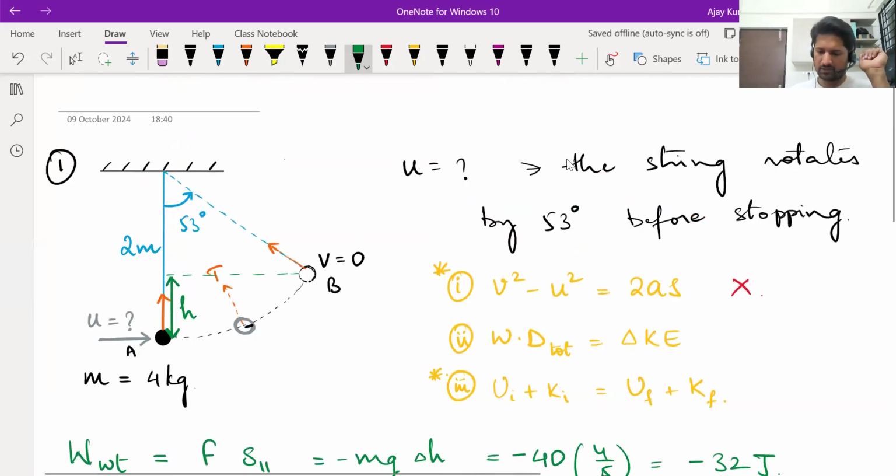Rishi, you tell me, as the bob moves from A to B, how much will be the work done by tension? Is there a way to calculate it?